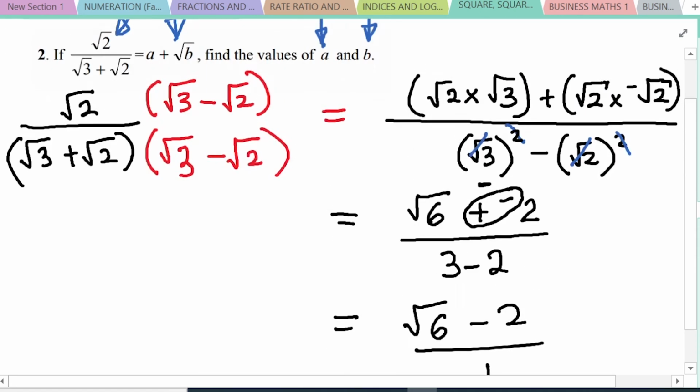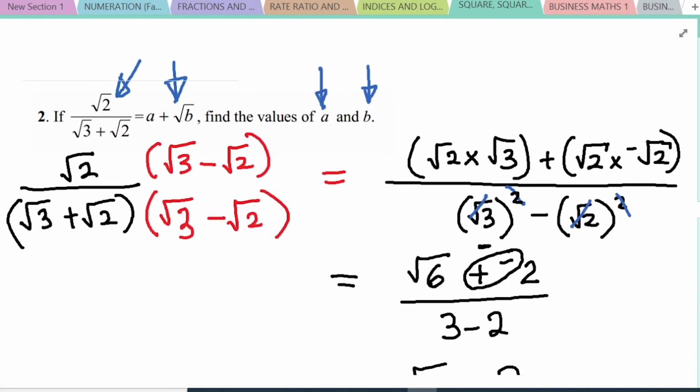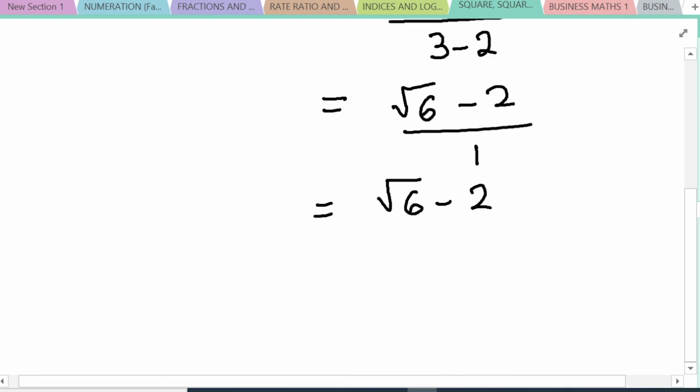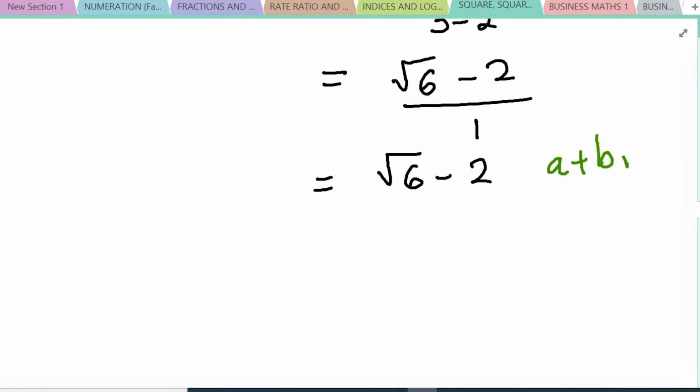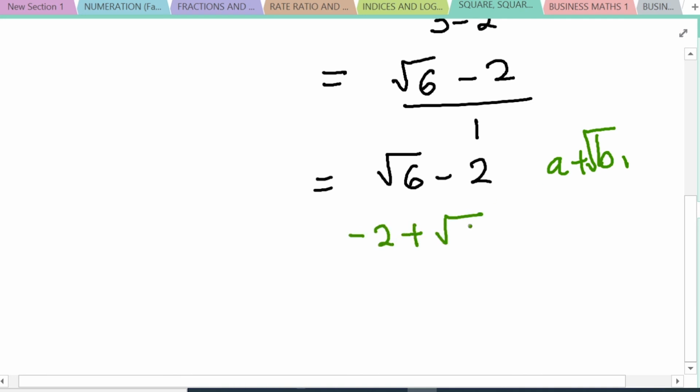Now take note, when we get back to our question, they're telling us that we're supposed to express it in this form of a plus b root of a plus root of b. So it's supposed to be expressed in terms of a plus square root of b, like that. And so if you rearrange this, it is negative 2 plus square root of 6.